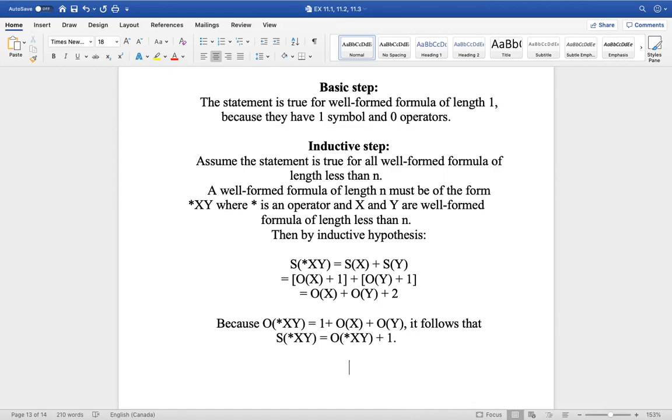So now we have proved it for the n plus 1 case.